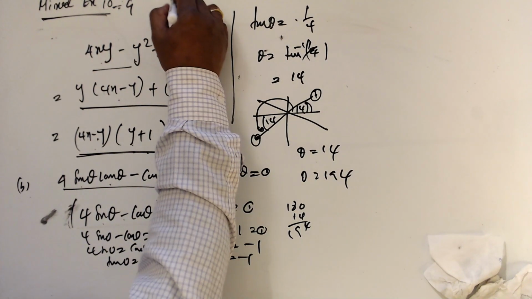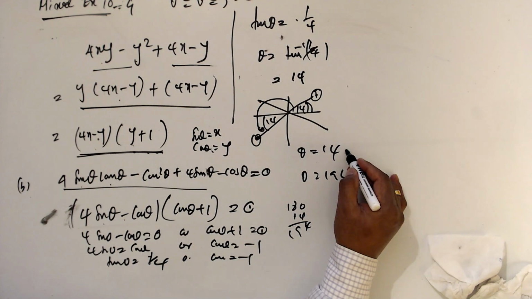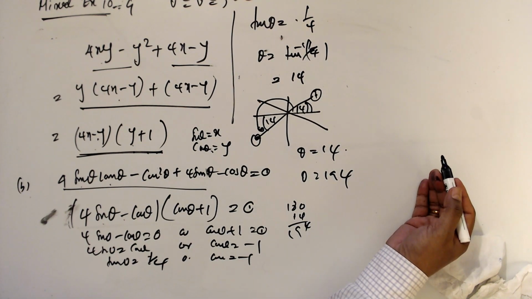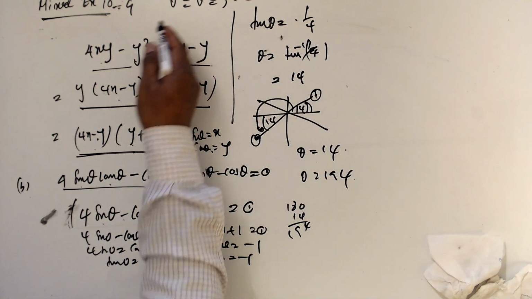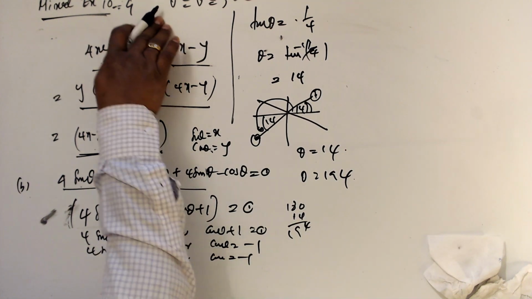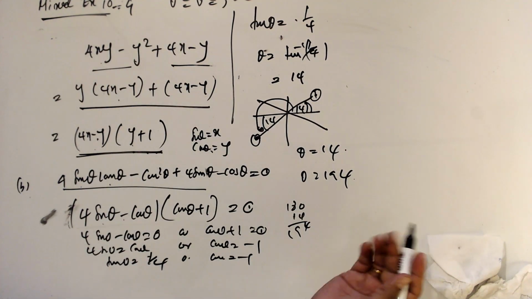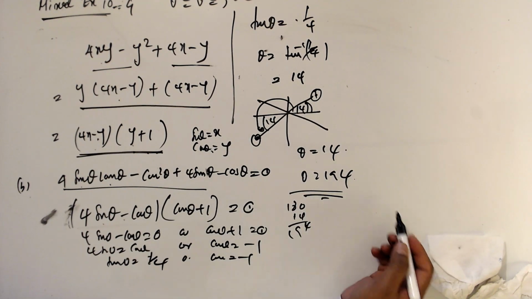We need answers between 0 and 360. If I add 360 here, it is more than 360, so those are the two answers.